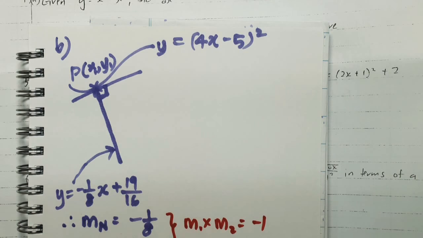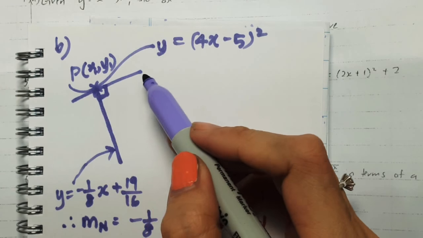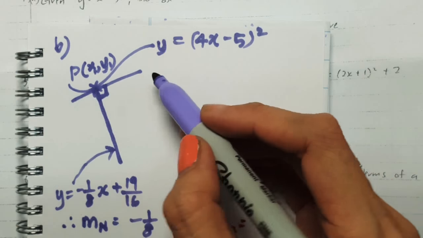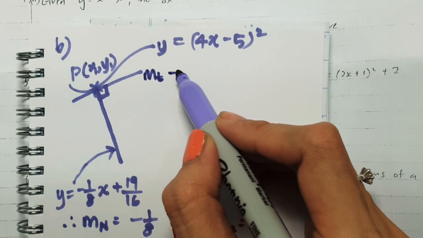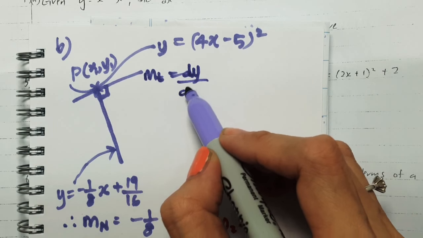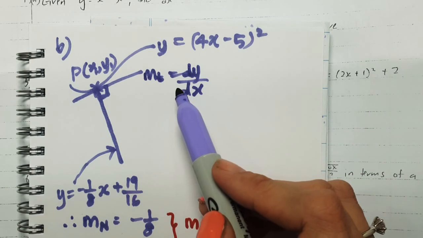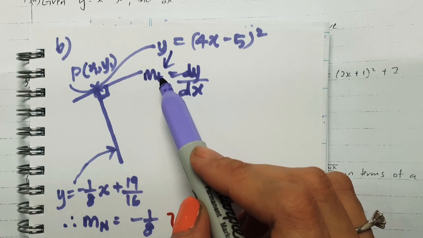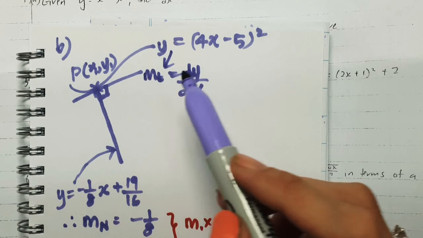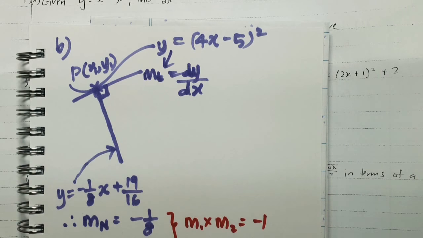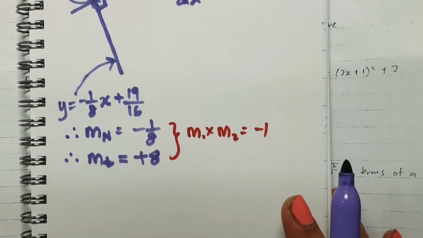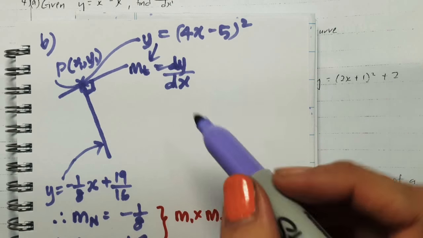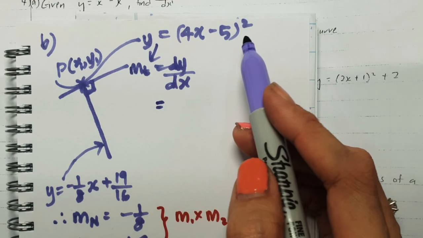From here, we know that this line represents the gradient of the tangent. Therefore, mt is dy by dx. You must know this one. When you differentiate y, it gives you the gradient of the tangent. So over here, the gradient of the tangent comes from differentiating the square.